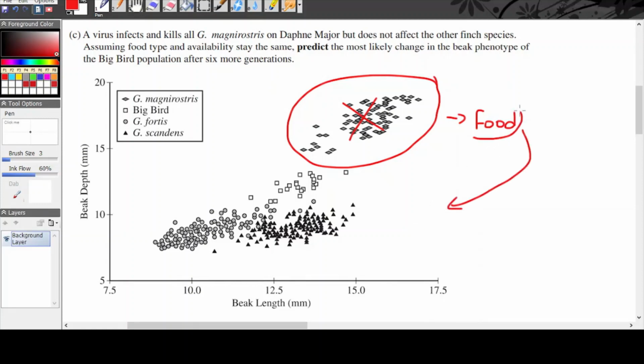But to eat this particular food, the other birds would need the same beak depth and beak length as the G. magnirostris. So, after 6 more generations, the big birds will definitely have a bigger beak depth and a longer beak.